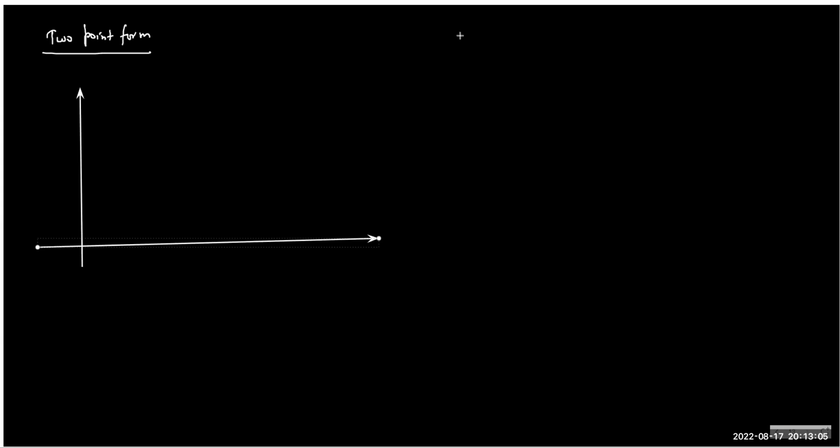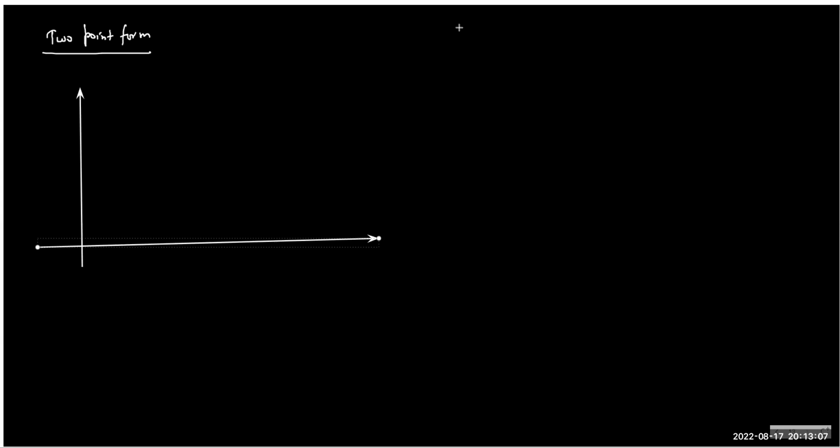the very famous one is called 2-point form. What does it mean? The line given is passing through two known points.